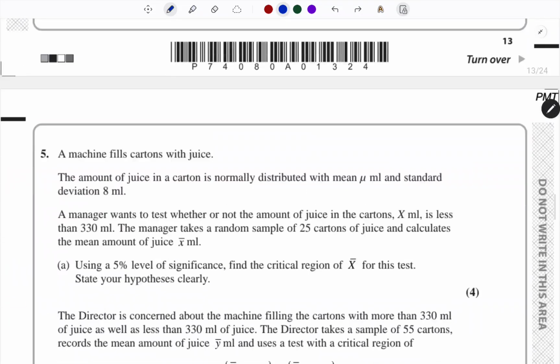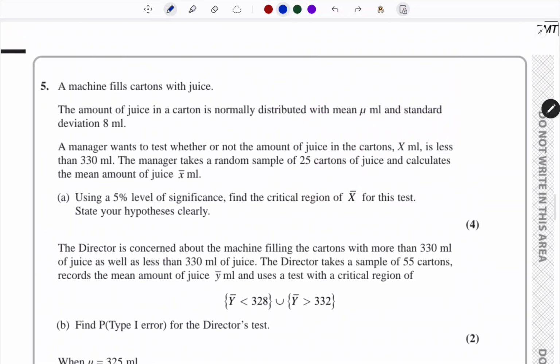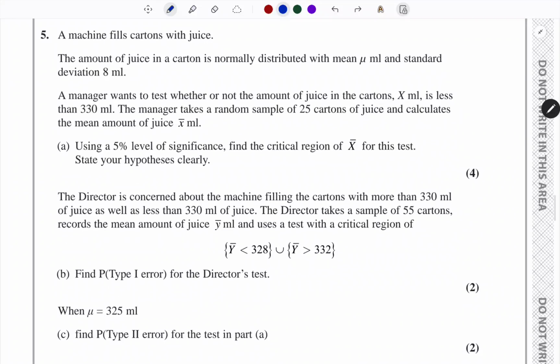And we can move on to the next, so long question. Let's use violet ink now. A machine fills cartons with juice. The amount of juice in a carton is normally distributed with mean mu, unknown, and standard deviation 8 milliliters.